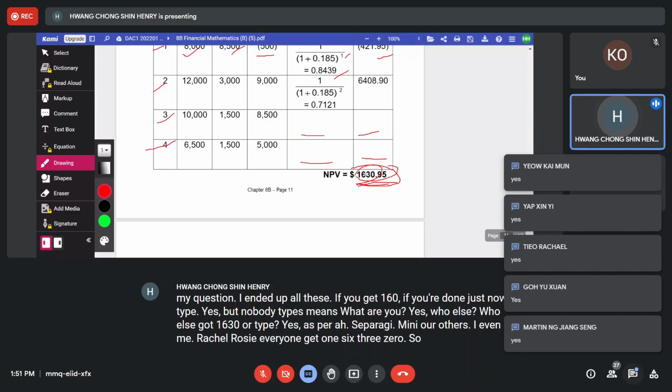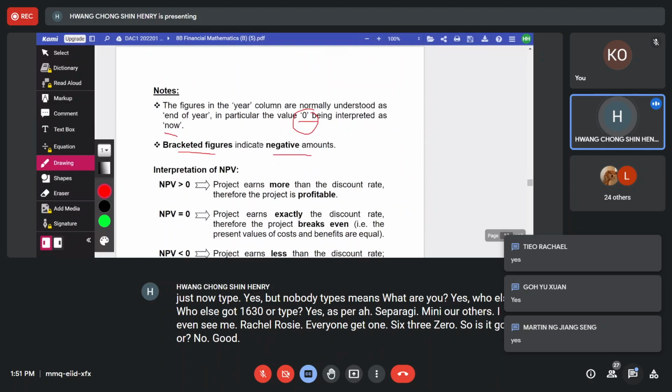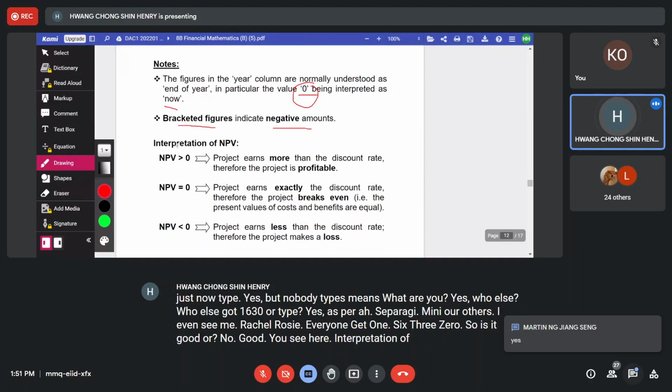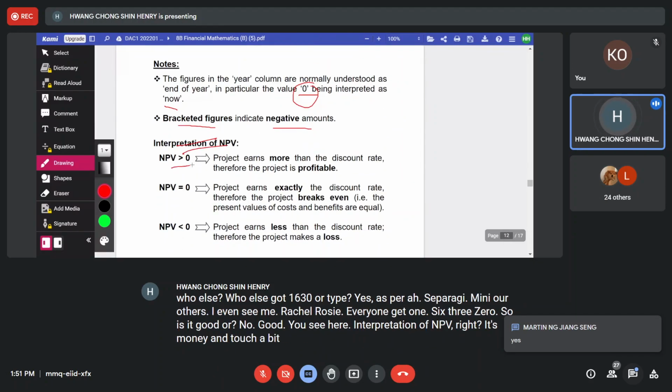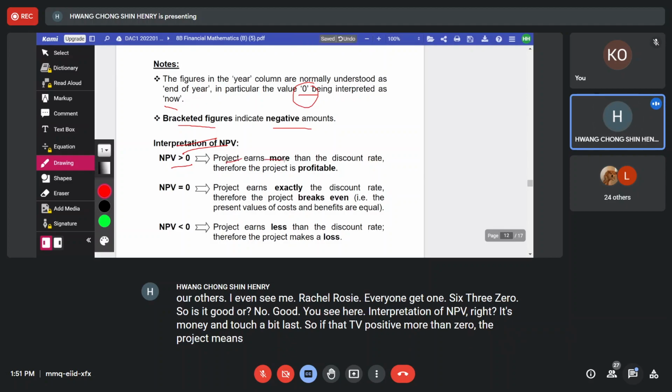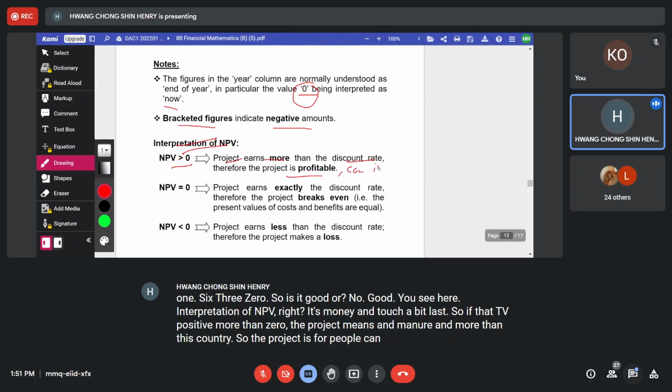So is it good or no good? You see here, interpretation of NPV. This morning I touched a bit. So if the NPV is positive, more than 0, the project earns more than the discount rate. So the project is profitable, can invest. Let's say the bank or finance asks you to invest.